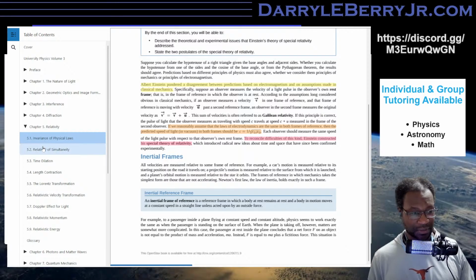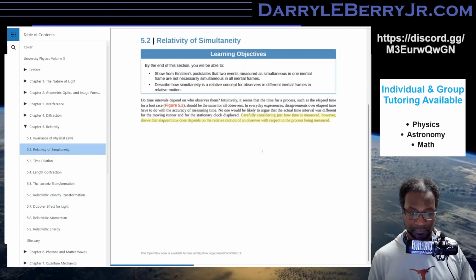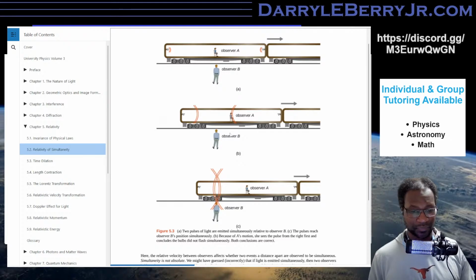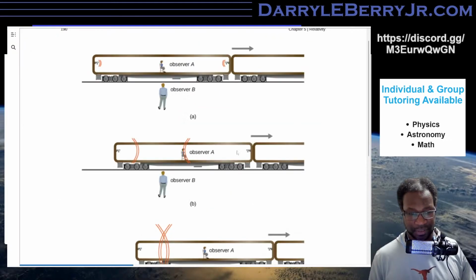We also talk in this chapter about measuring things, how simultaneity is dependent upon the perspective of the observer. So we saw this example here with the train where a light flashed. The observer on the train that was moving with the light caught up with the light on the right first and observed the light on the right flashing before the light on the left, as we can see in the second image here.